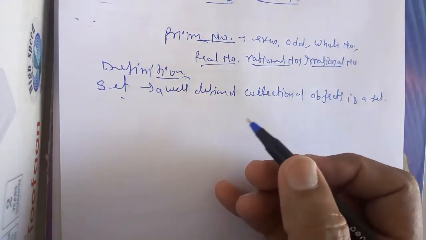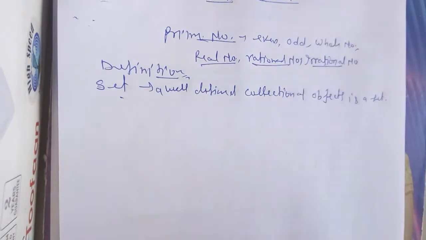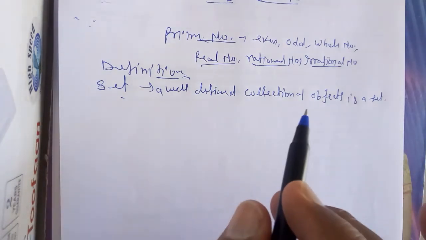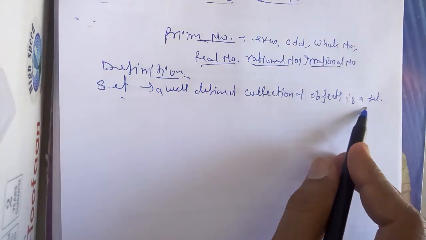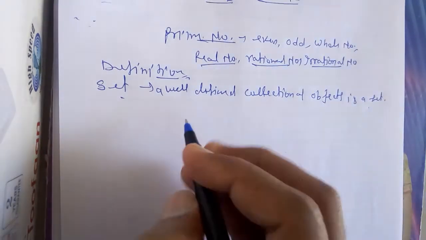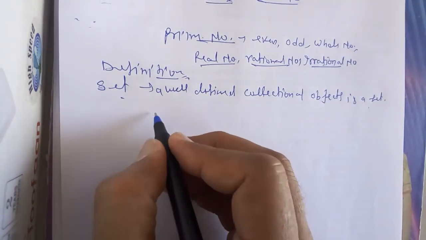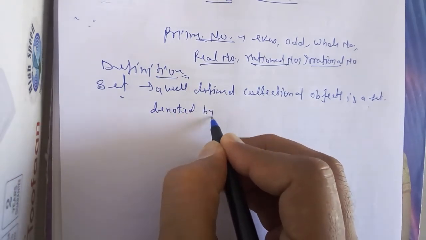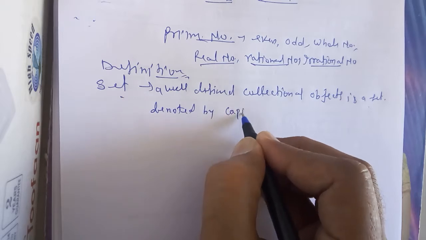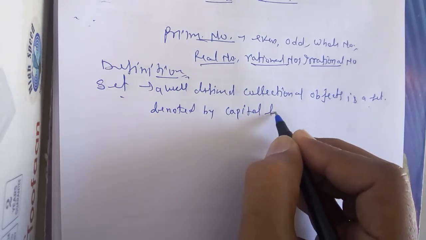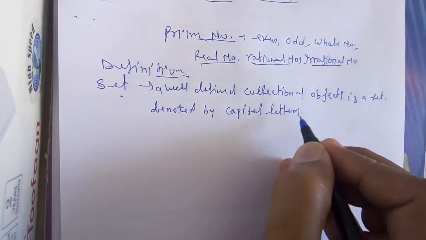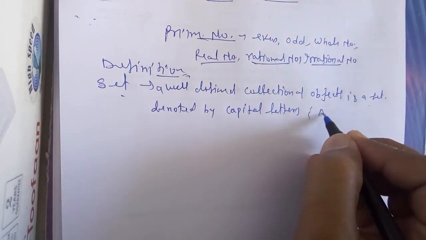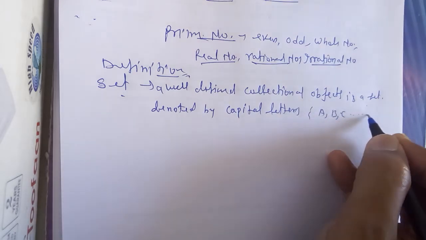A well-defined collection of objects is called a set. Okay, a set is denoted by capital letters. So that is A, B, C, and so on.